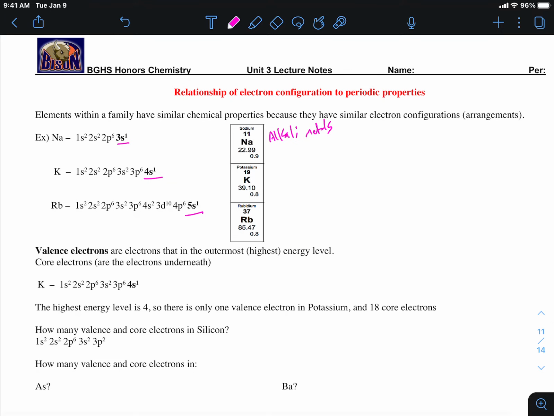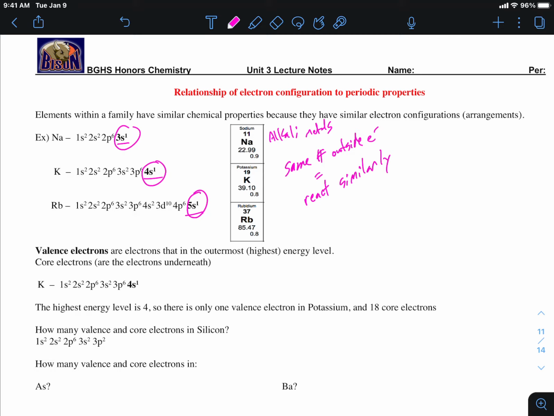That's important. This is related to periodicity: if they're in the same column, they'll behave the same way. They have the same number of outside electrons, which means these elements will react similarly because of this, this, and this.